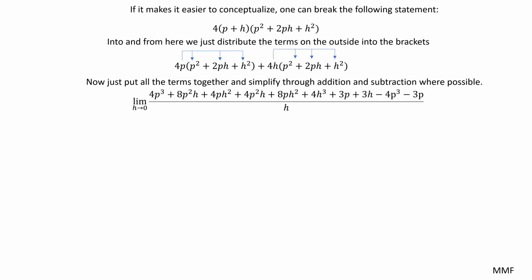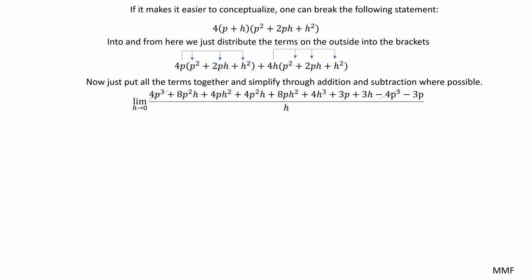Then you're going to get an 8p squared h, and then a 4ph squared. Then, starting on the second bracket, you're going to get a plus 4p squared h, a plus 8ph squared, a plus 4h cubed, and then you have those original terms from the beginning when you move this 3 and move the minus in.